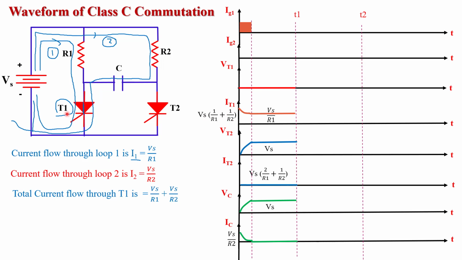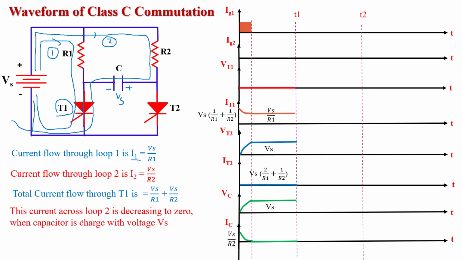Now after that what will happen? In the circuit diagram, when current flows through loop 2 via the R2 resistor, the capacitor starts charging with this terminal positive and this terminal negative. As the capacitor charges, the current through loop 2 starts decreasing, and when the capacitor is fully charged to the Vs supply voltage, the loop 2 current decreases to 0.